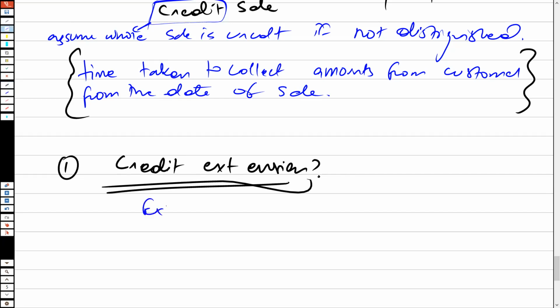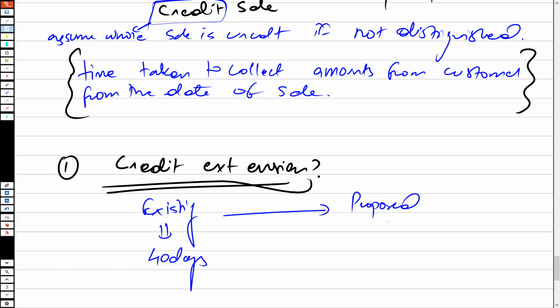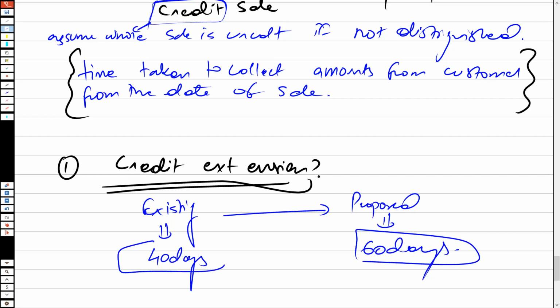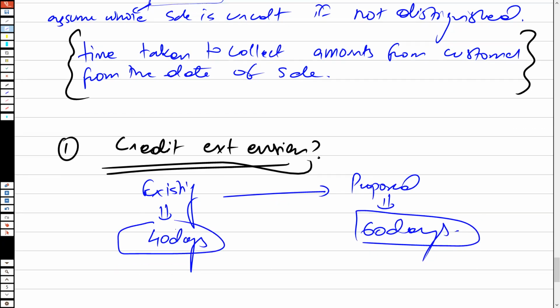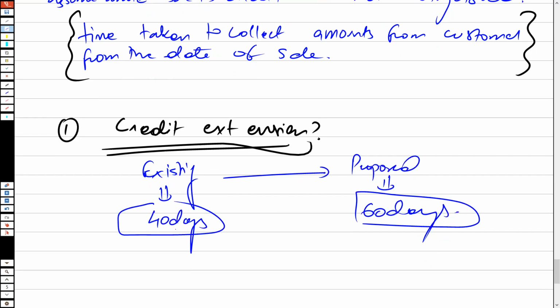Your existing policy was that you used to give 40 days credit, and now you're moving towards 60 days credit. How would you justify such a policy? How would you say that such a policy is good or bad for the entity?